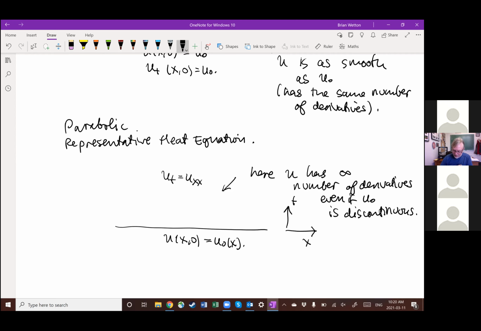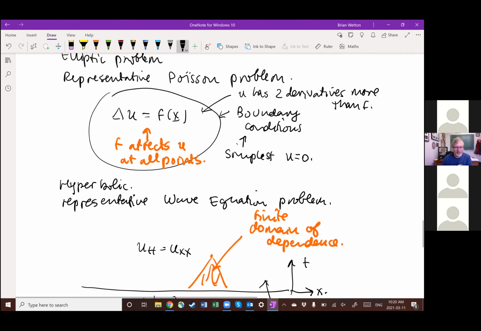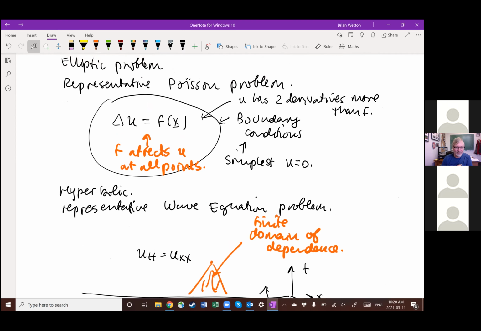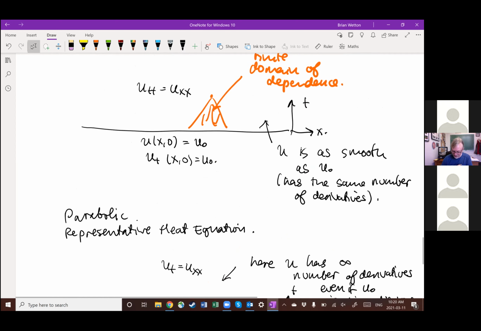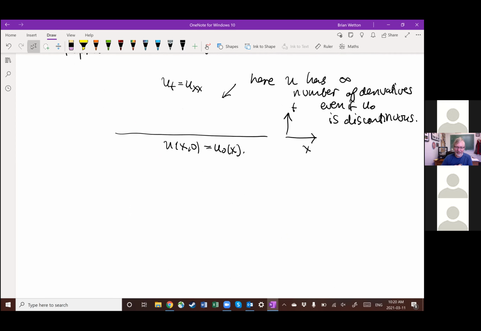So three types of equations, each of which needs different types of boundary, or initial data, each of which has a different character in the solutions. And let's go on now to look at Fourier series analysis of these problems in infinite space.